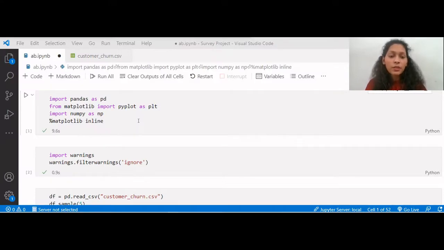As discussed before in the video, we are going to implement different data balancing techniques. For this, we are going to take a data set known as customer churn, which helps us measure why customers are leaving a business.